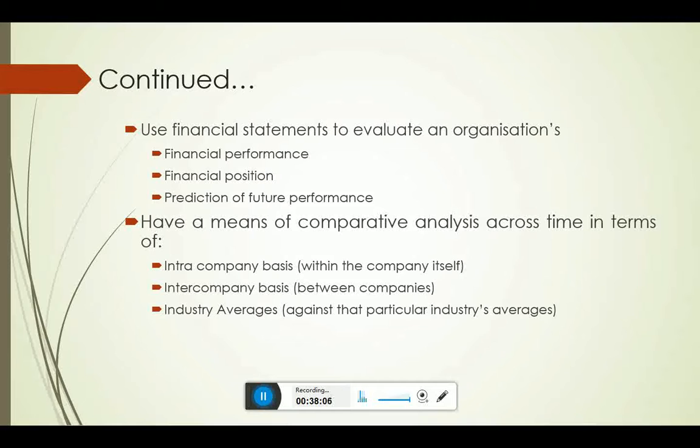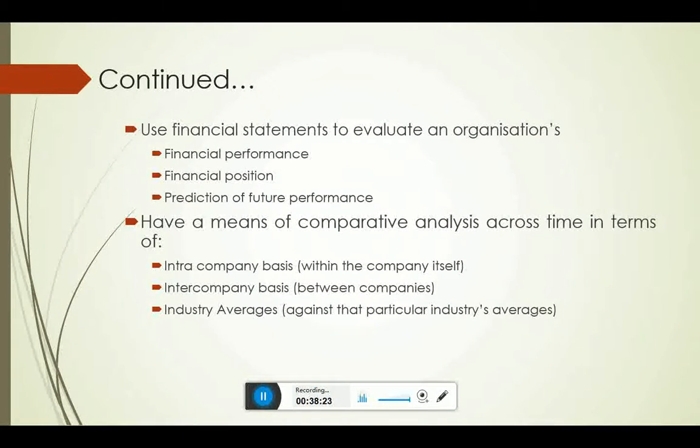This is called intra-company. Within the company, the performance of a few years is compared with 1 year. That's called intra-company.